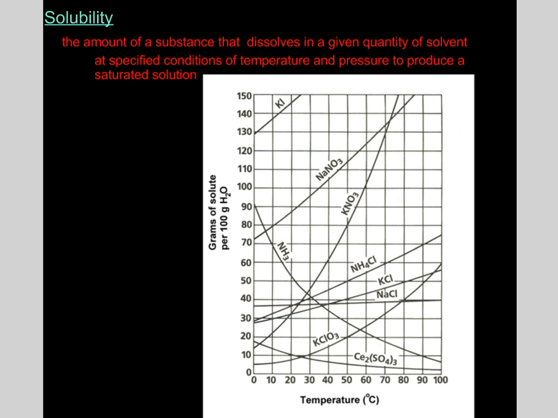This graph is a little bit confusing because there are so many different substances being shown here. So your job is to focus in on the substance that you're being asked about or being asked to study.